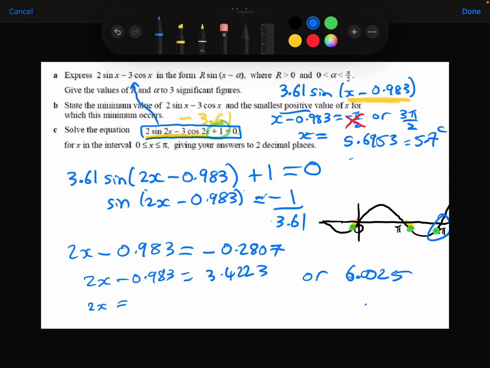And now I'm going to add the 0.983 to both of those. So for this, I get 6.986.